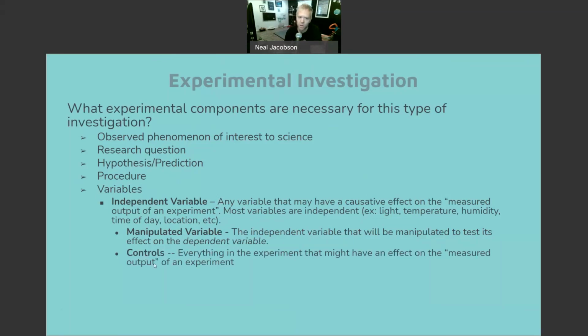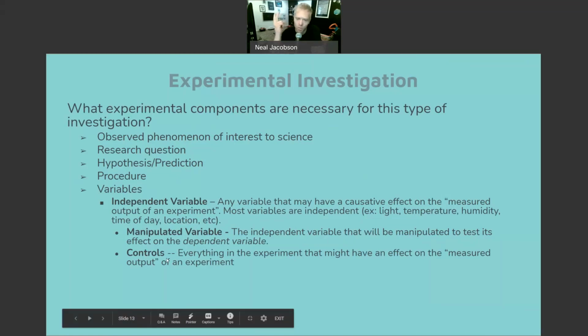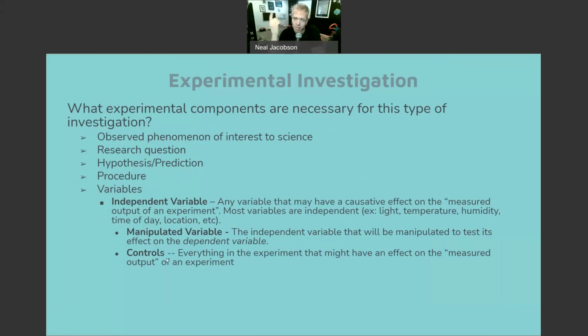And so those are what we call controls. Think about independent variables as being one of two different things. They can either be a control, something that's kept the same across each experimental group, or the one thing that's changed, the manipulated variable. And that's the relationship of those two things to the independent variable.